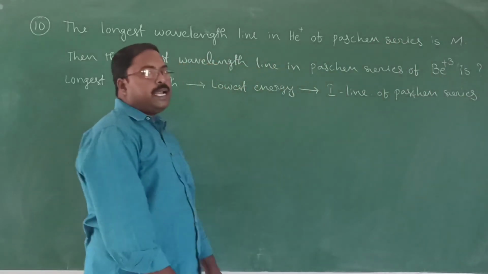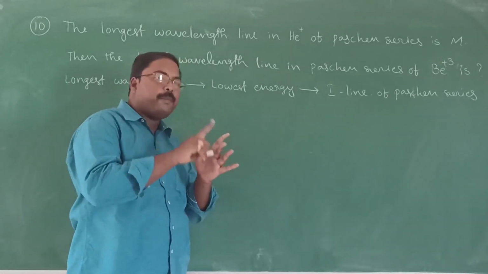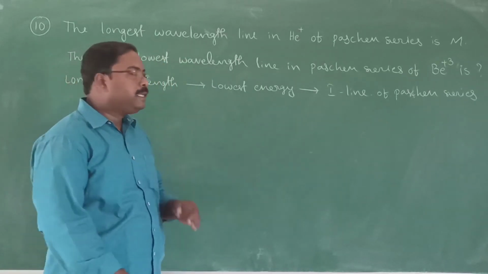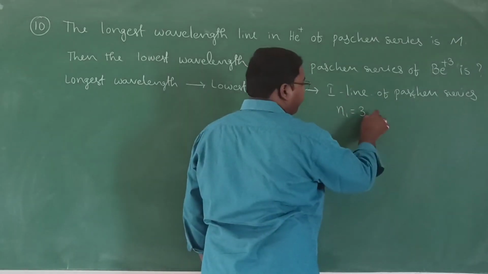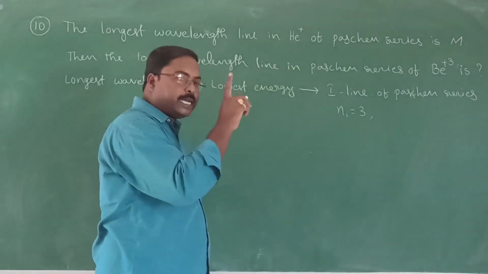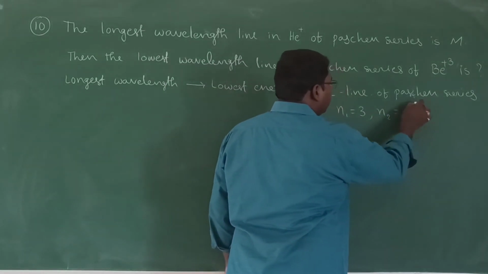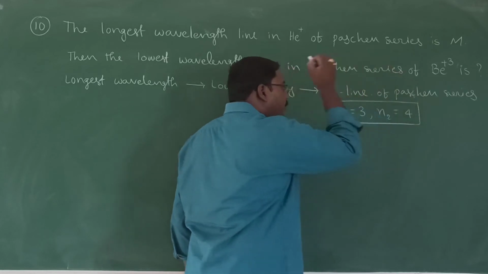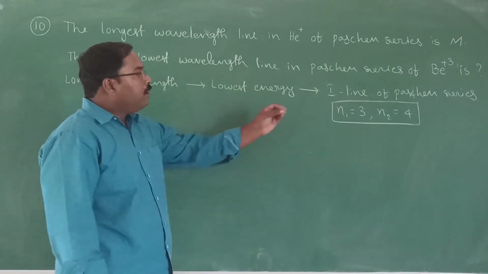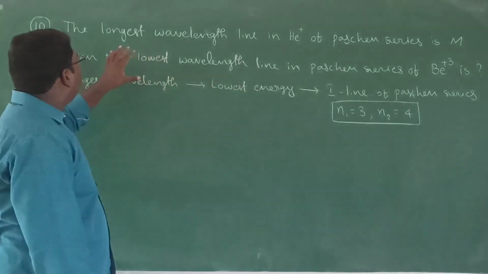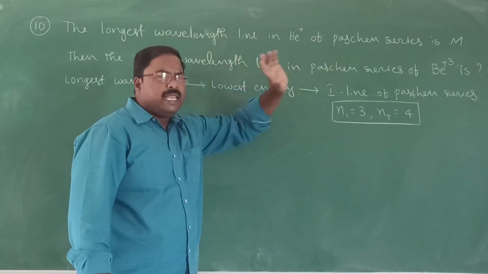What is the first line of Paschen series? Lyman, Balmer, Paschen. In Paschen series, N1 is always 3, as given in the tabular form. N2 is 4. This is the first line of Paschen series. Now, this line's wavelength is given as M.